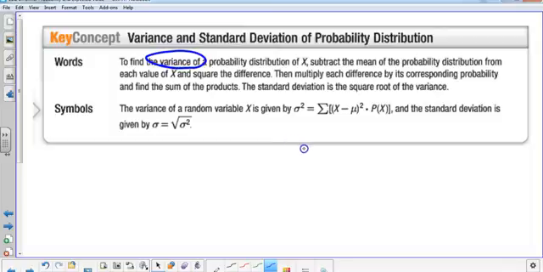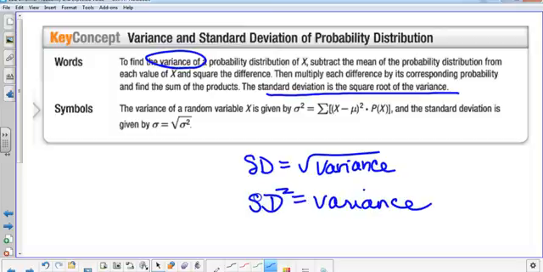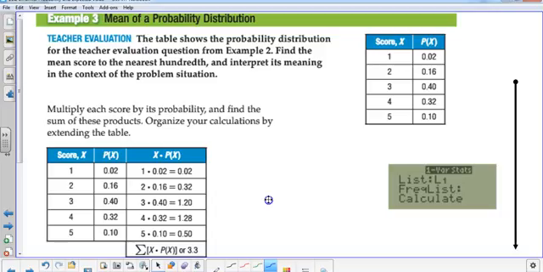Our calculator doesn't do variance, but if the standard deviation is the square root of the variance, how could we find the variance if we know the standard deviation? So if they ask for the variance, we're just going to take the standard deviation off our calculator and square it. And you do want to use several places.